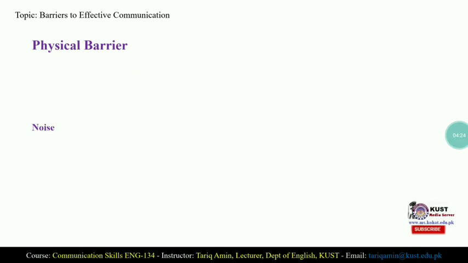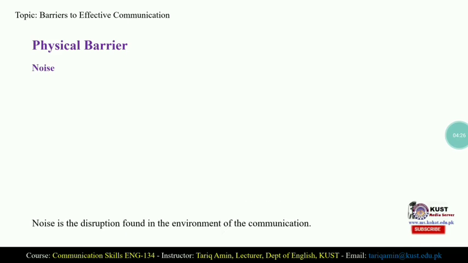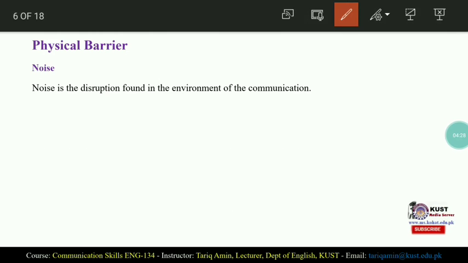Physical barrier, the first one is noise. Noise is the disruption found in the environment of the communication. For example, you are in your class, listening to your teacher. This is a kind of communication. Now, if noise is there, it means that you cannot listen properly to your teacher.